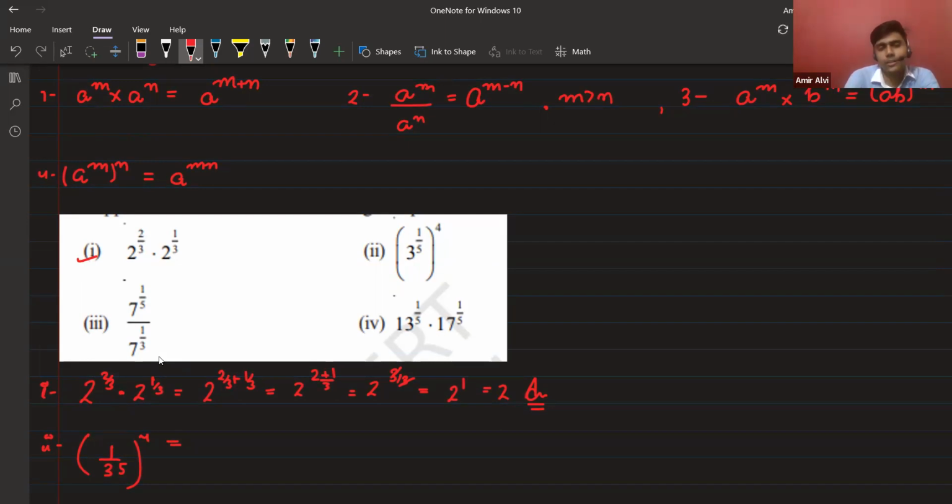You are saying this randomly. No, the fourth one. Why? Tell me the reason. Because there is a power inside and a power outside. Very good, because there is a power on the 3 and there is a whole power on the bracket. So what will be the answer, Simran?